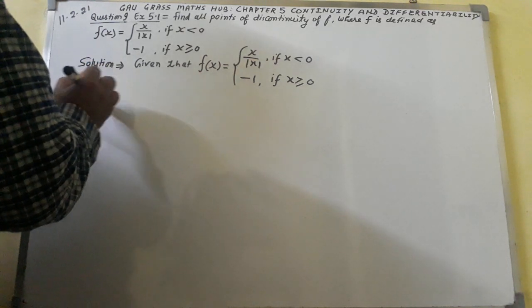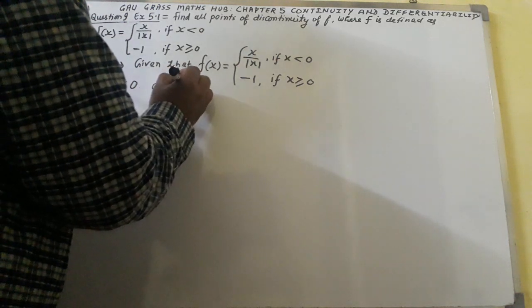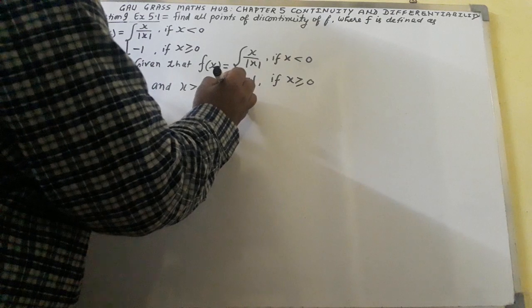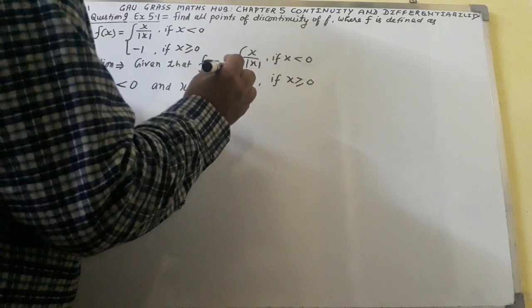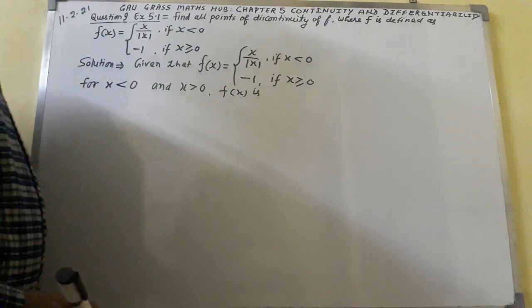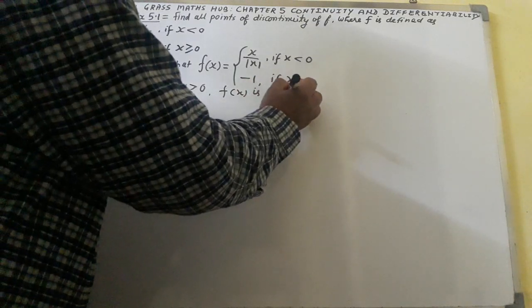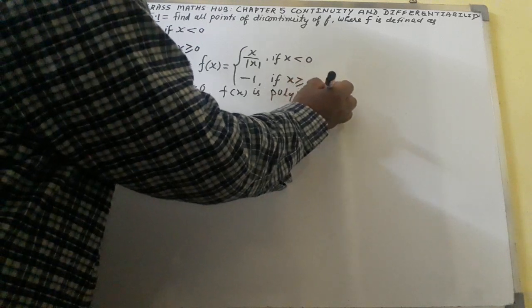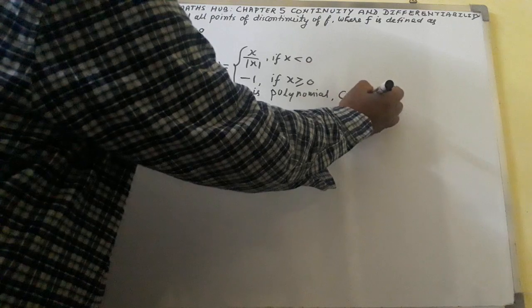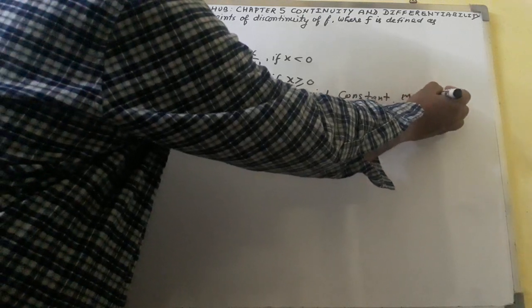For x less than 0 and x greater than 0, f of x is polynomial, constant, mod function.